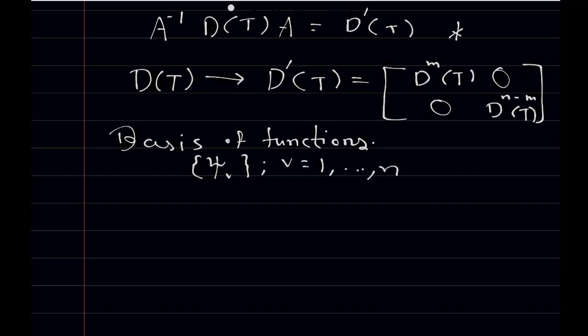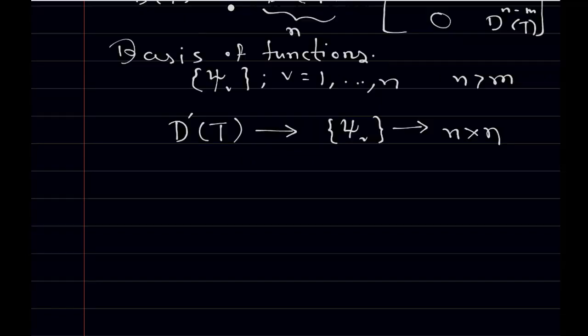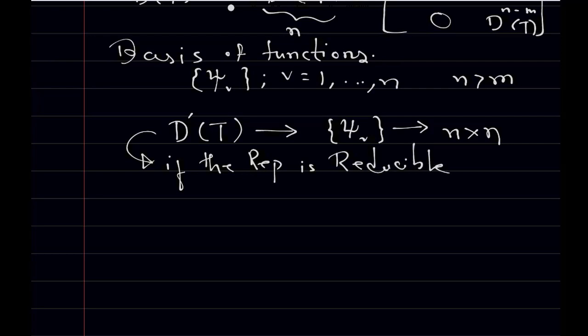Now you learned that it is always possible, if the representation is reducible, and this is the condition, then you can always find another representation. So this is D prime, and D prime is n cross n. You can always find another representation of T which is m dimensional, like an m cross m matrix.